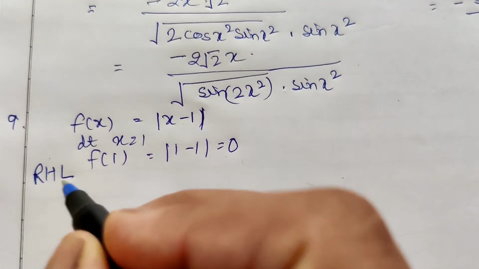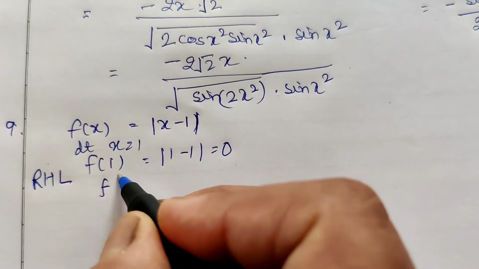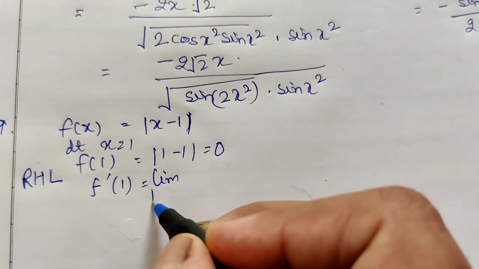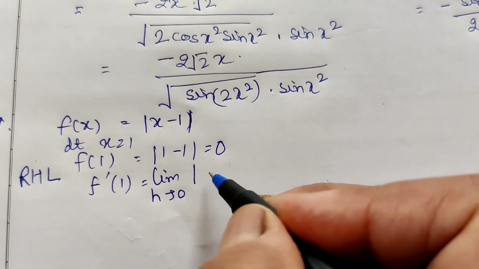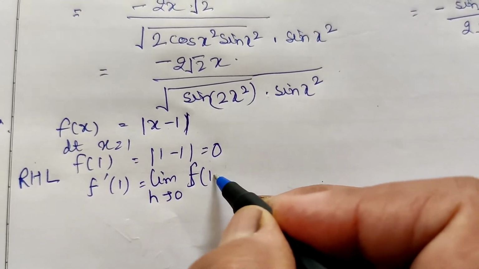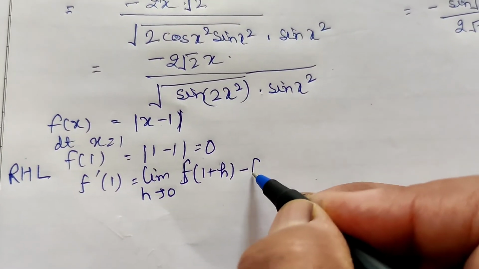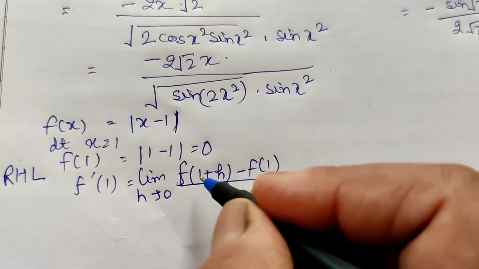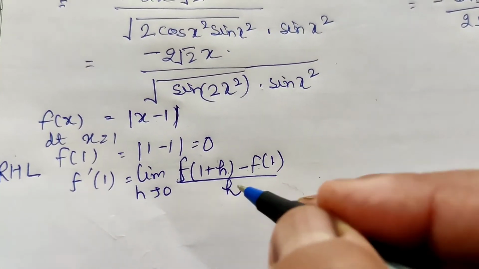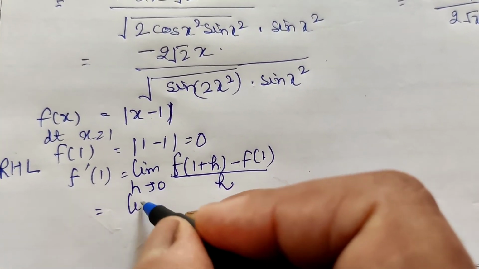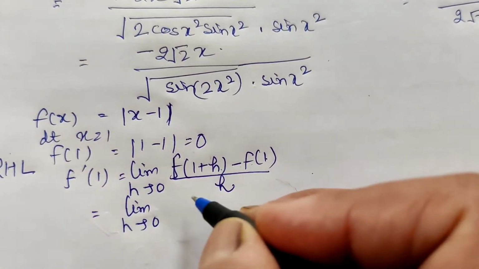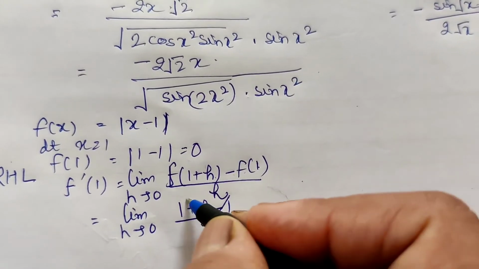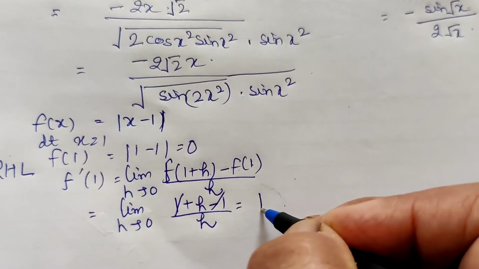The function is differentiable at 1 if limit h tends to 0 of f of 1 plus h minus f of 1 by h exists. Now take the limit. It is 1 plus h minus 1 by h, 1 cancels, h by h equal to 1.